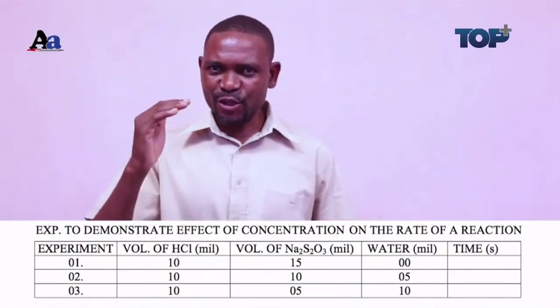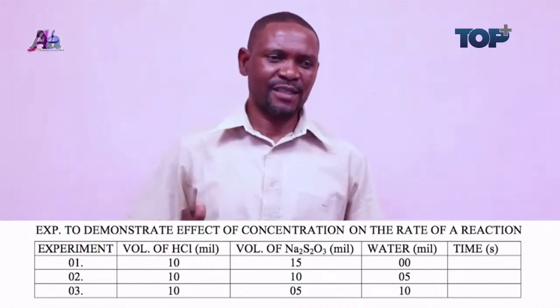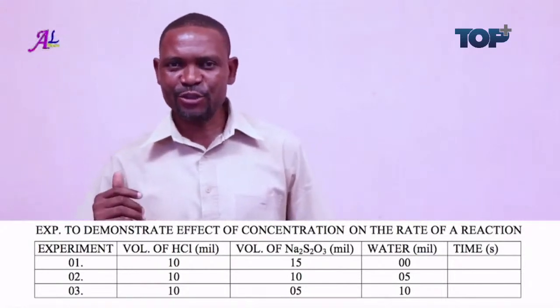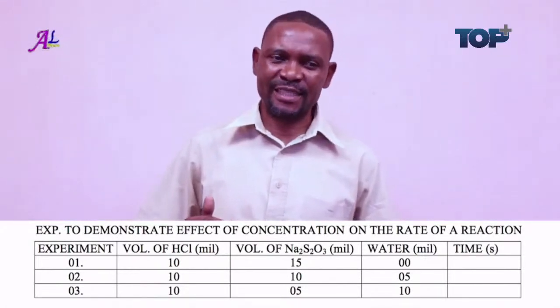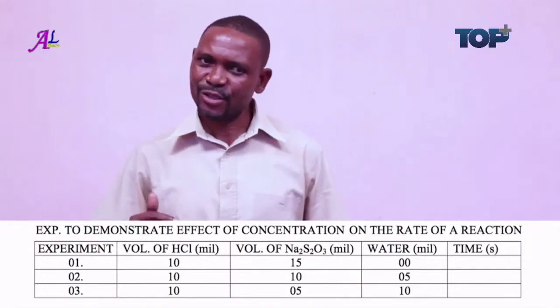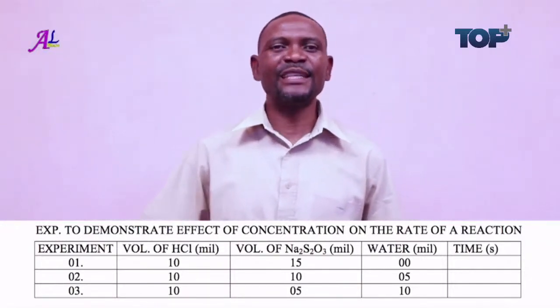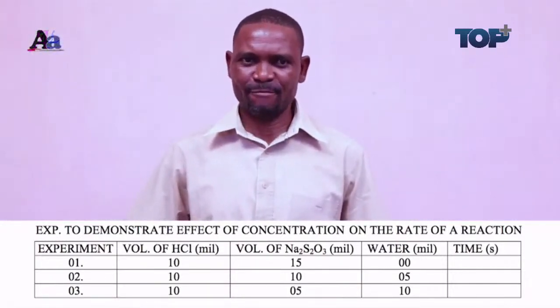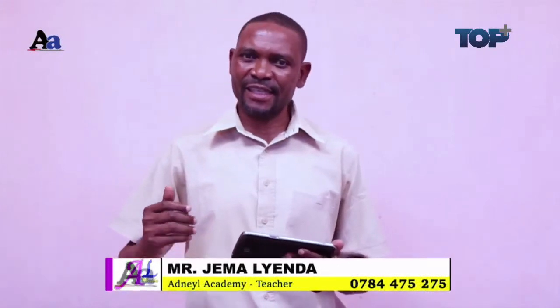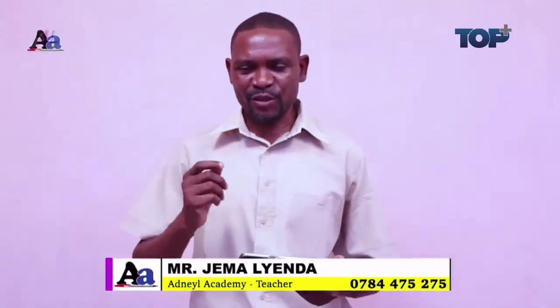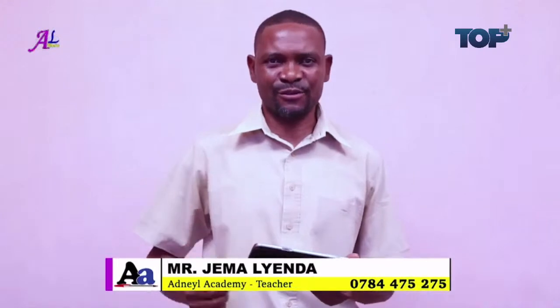The concentration is going to be a bit lower. And the last experiment is going to use 10 milliliters of hydrochloric acid, 5 milliliters of sodium thiosulfate, and 10 milliliters of water. Time recorded will tell us when the reaction was fast and when it was slow, depending on the concentration of sodium thiosulfate.